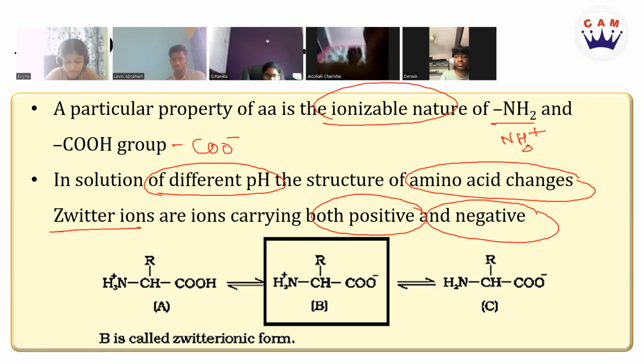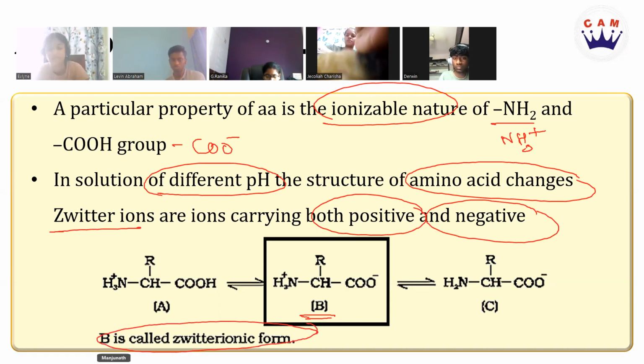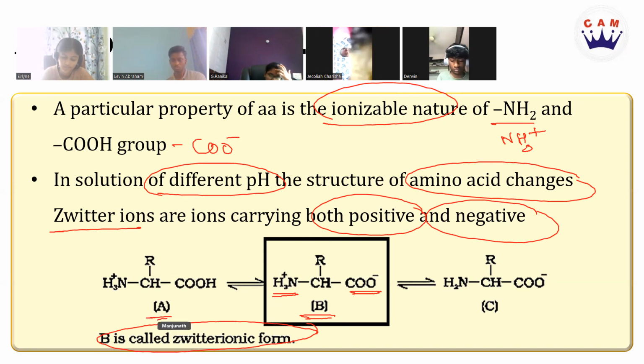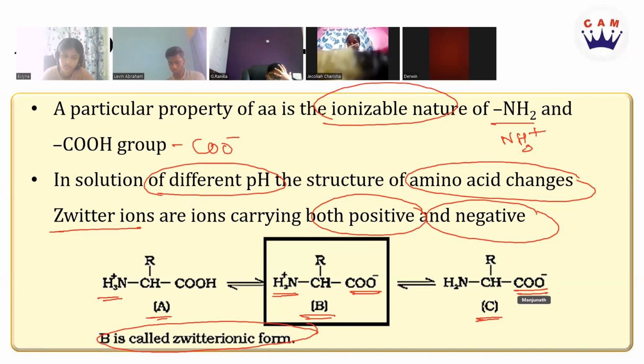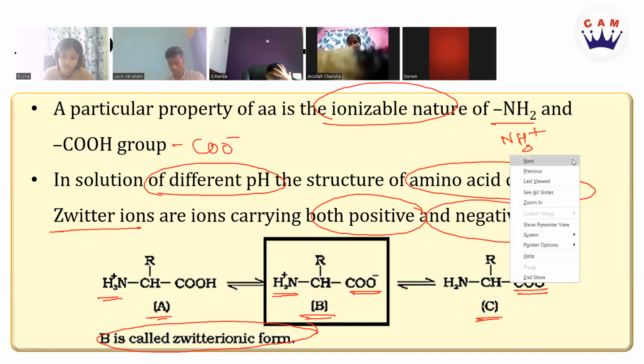Okay, and this is your zwitterion B. B is your what ion? Zwitterion, with positive charge on the ammonium group and negative charge on the carboxylic acid group. Whereas in A, you have only positive charge on the amino group. In C, you have only negative charge on the carboxyl. Next.